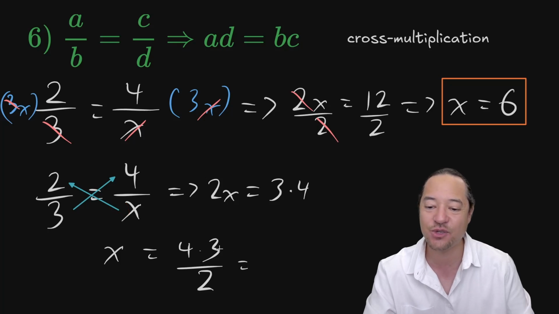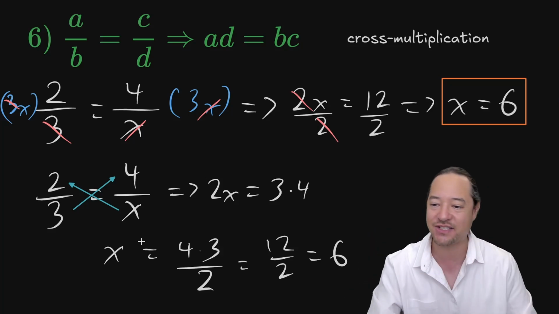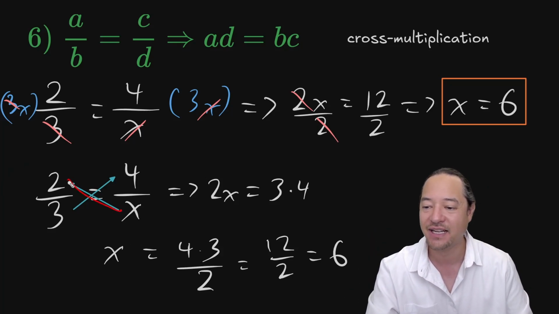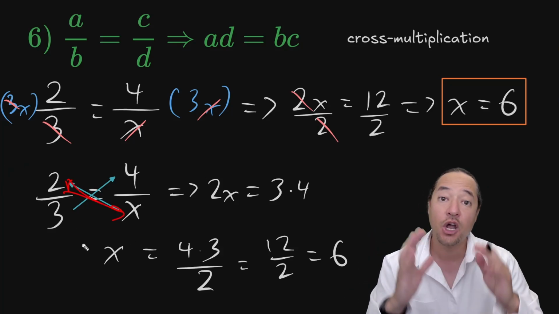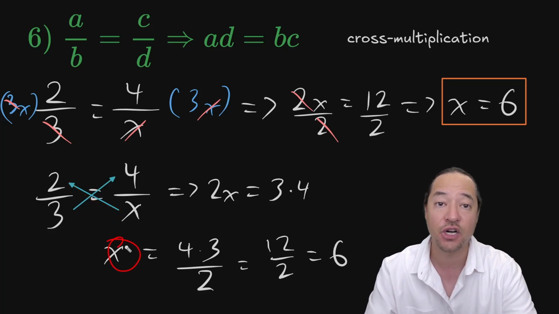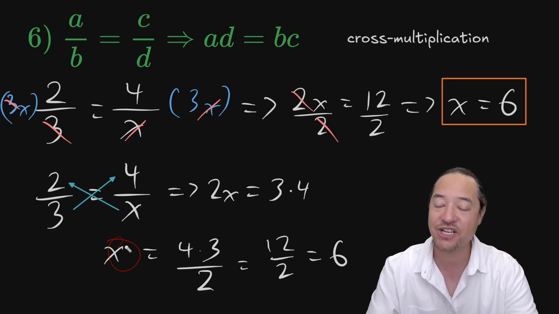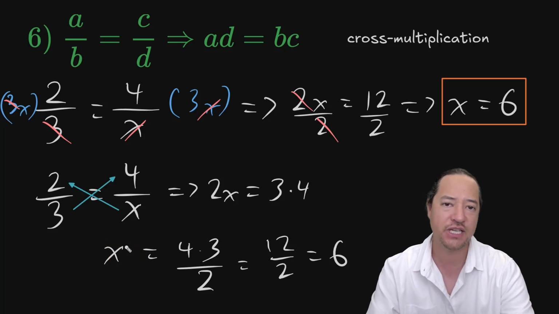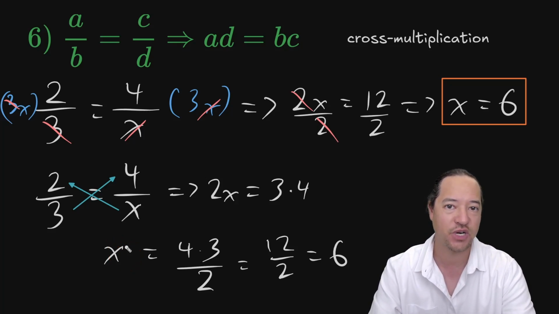That is 12 over 2, which is 6. So I can do a double cross, if you want to look at it that way. This goes up here and this goes down here because I'm just solving for x. That's the same idea here. Cross multiplication of fractions is a really useful technique for solving algebraic expressions.